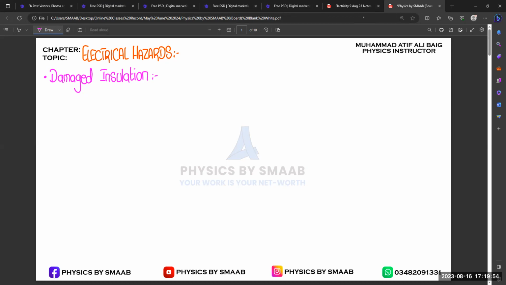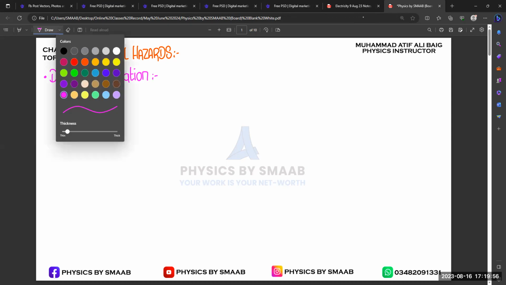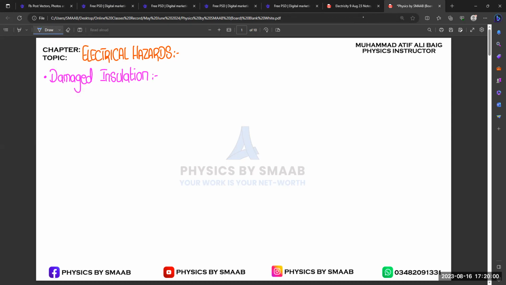So the most common danger in our daily life is damaged insulation, because we use electrical appliances everywhere, like the refrigerator, TV, LED, the iron. All contain wires, and they can also contain damaged insulation.